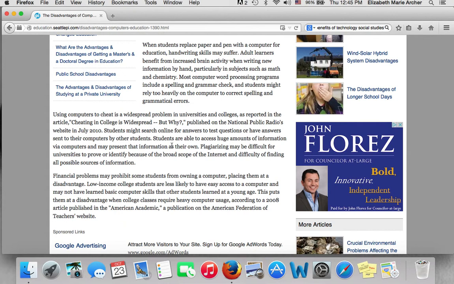Alright, let's check out the end of this. Financial problems may prohibit some students from owning a computer. Yes, that's absolutely true in my case. Placing them at a disadvantage. Low-income college students are less likely to have easy access to a computer and may not have learned basic computer skills that other students learned at a young age. I'm not sure about learning the basic computer skills because, if they attended high school, then I'm pretty sure they have basic computer skills.